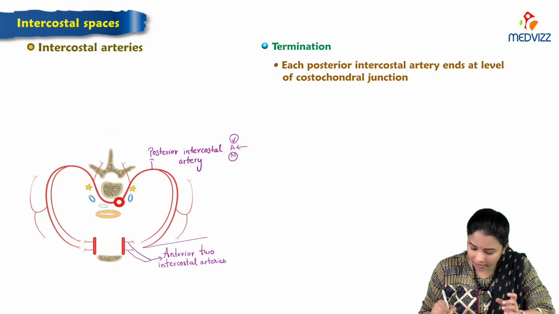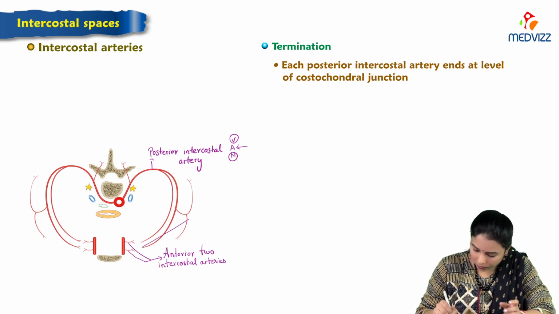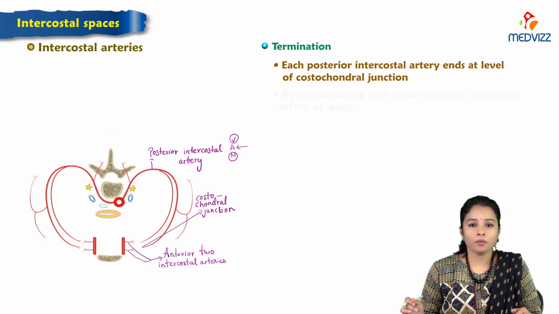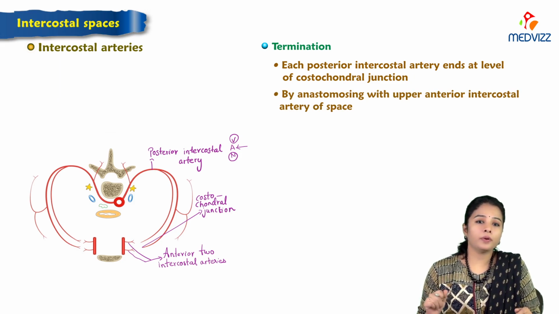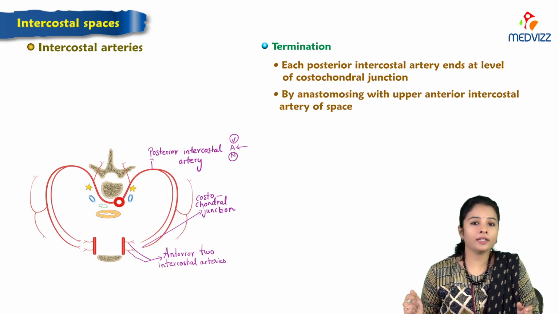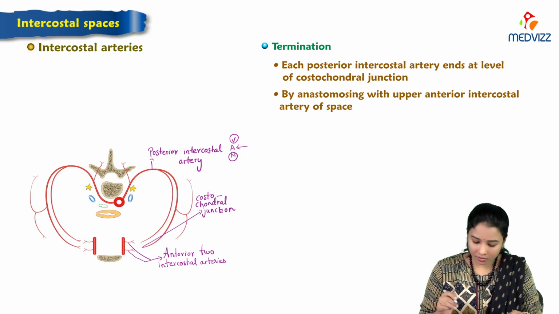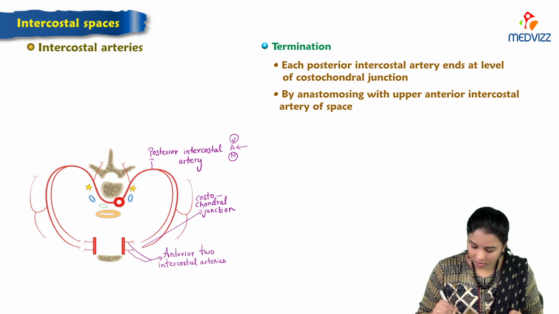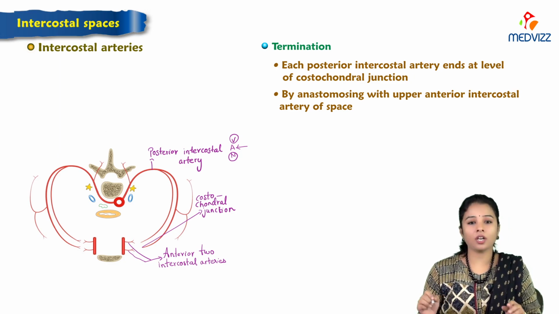So they terminate at the level of costochondral junction by anastomosing with the upper anterior intercostal arteries of the space. So we can see here it ends by anastomosing with the anterior intercostal arteries.